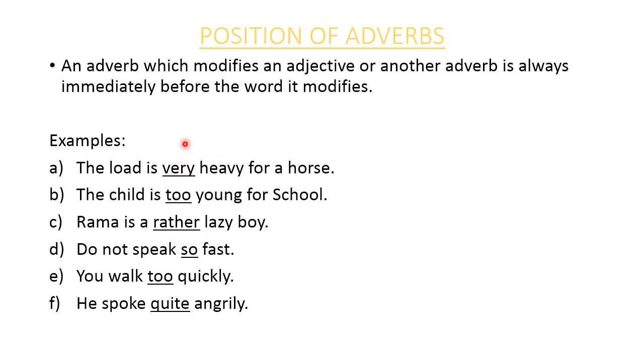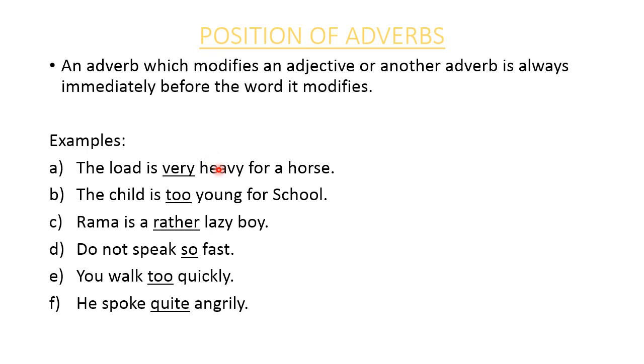It has modified, meaning it has enhanced the word heavy: very heavy. We can use only heavy also, but it has added to the word. Then that word is placed just before the word that it has modified.